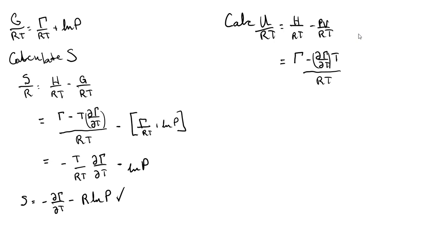And what is PV over RT? So we take minus, so we've got P. What was V that we calculated before? Well, we calculated V before.